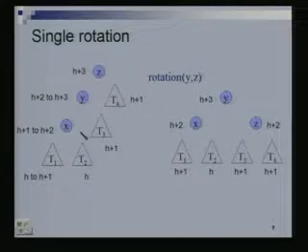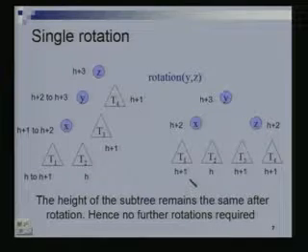Now one interesting thing has happened. The original height of z was h plus 3. Yes, that's why we had written this h plus 3 here. After this rotation, the height of this subtree is also h plus 3. Whatever was the original height of this is the new height of this subtree also.